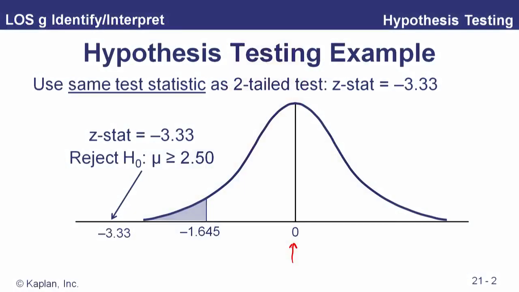So we're in the rejection region in this one-tailed test as well. So what are we going to conclude? Well, we're going to reject that mu is greater than or equal to 2.5, in favor of the alternative hypothesis that the mean is less than 2.5.